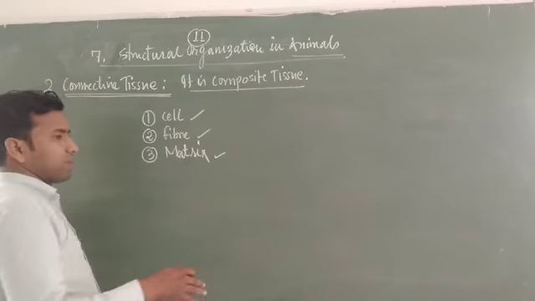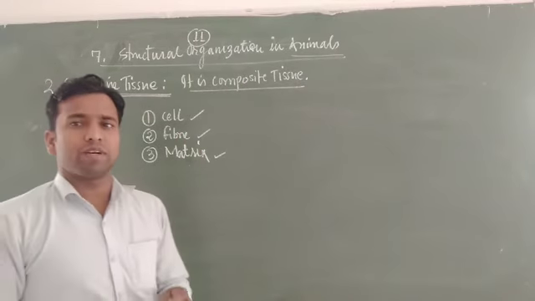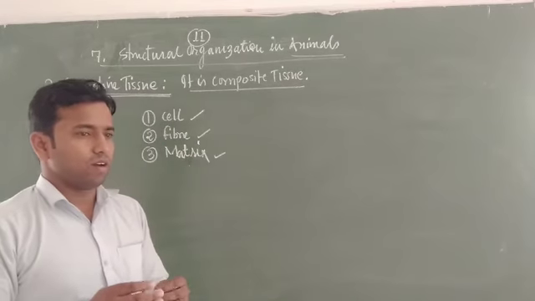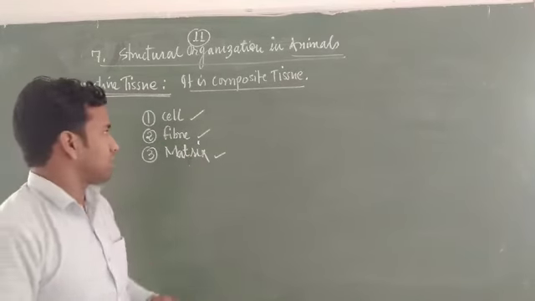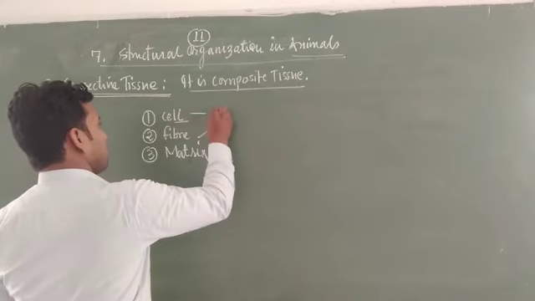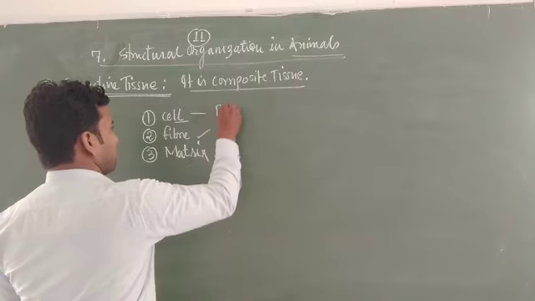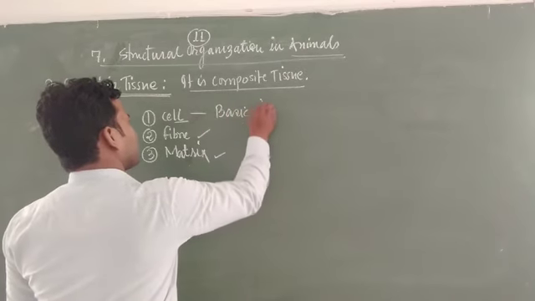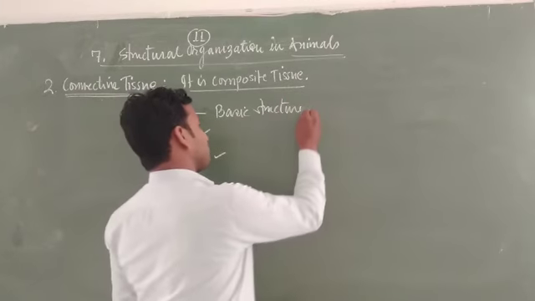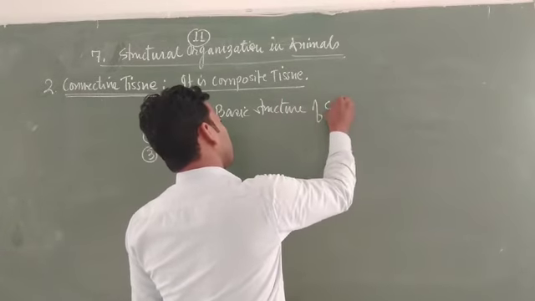These tissues have a large number of cells, but the cells have large intercellular spaces, present at some distance. You can say the cell is the basic unit of connective tissue.